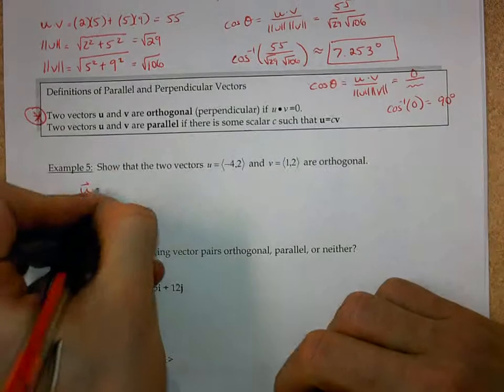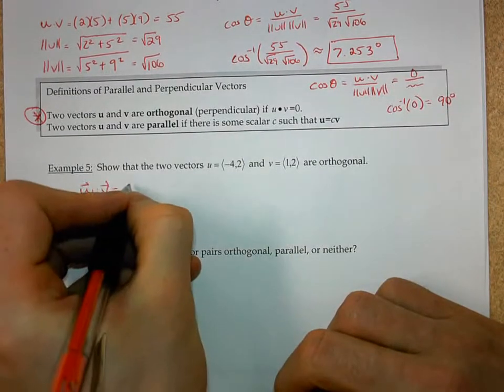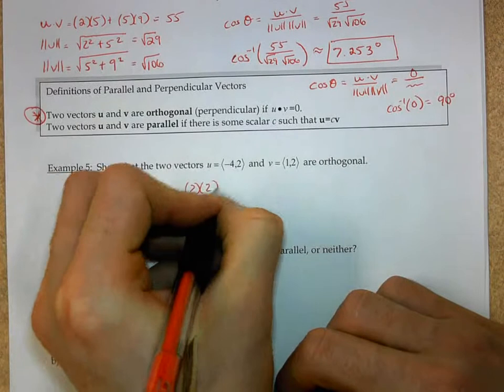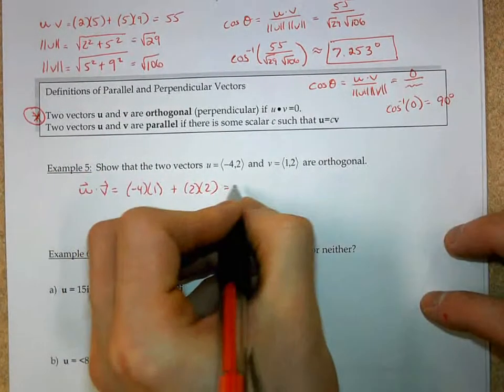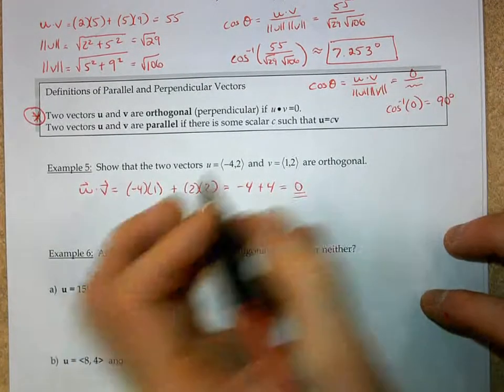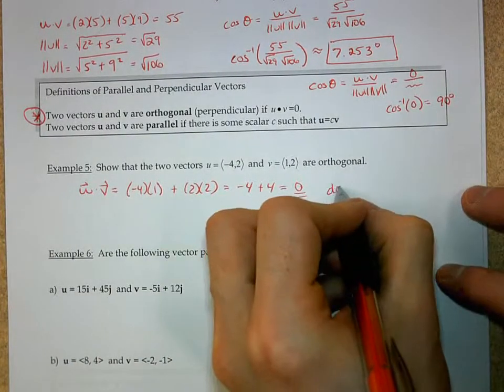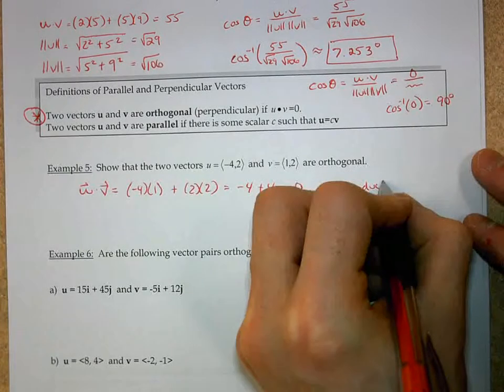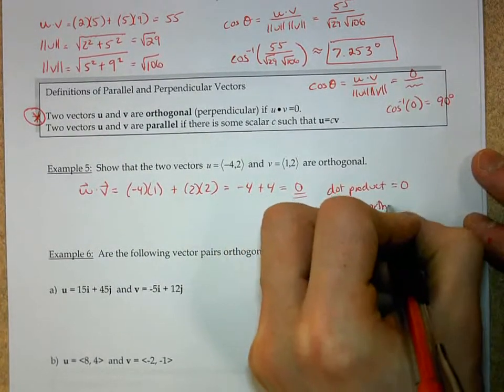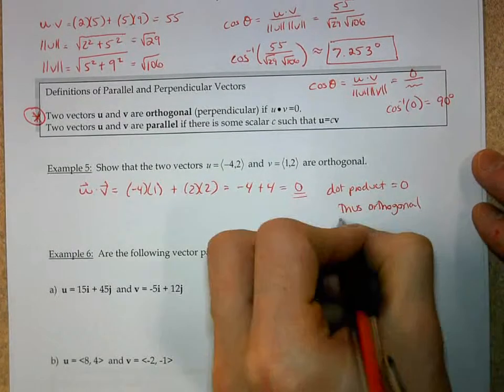So the dot product of u and v: multiply the x's, multiply the y's, and then add the results. So negative 4 plus 4 is equal to 0. Right there, dot product equals 0. Thus, we are orthogonal.